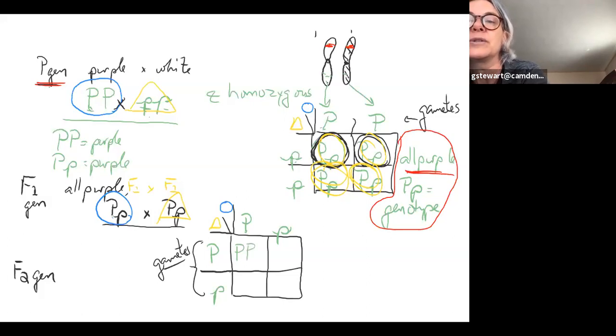That would be its genotype, 2 capital P's. But if this pollen grain meets up with this ovule, I'm going to get that. Notice I put the capital letter first. That's so we can easily see the color. We can easily see if there's one capital P, we're like, oh, that means purple.